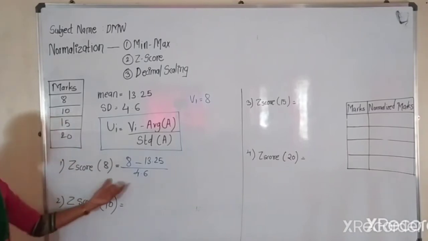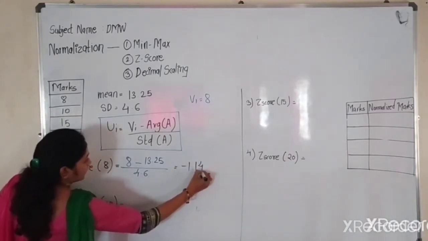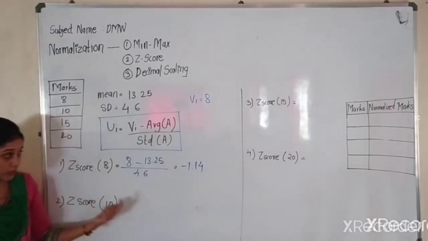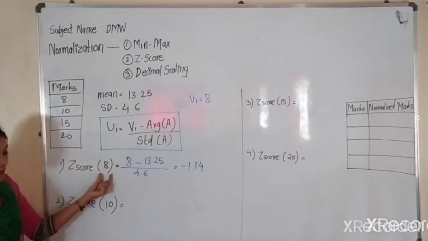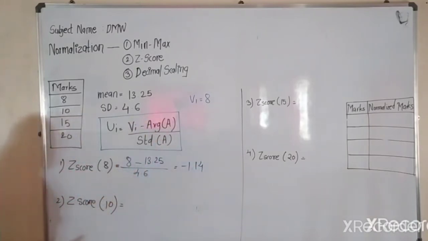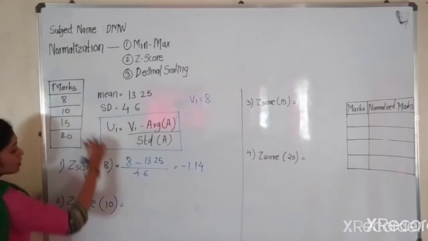After calculating this whole thing, it will become minus 1.14. So what is the normalization for the value or marks 8? That is minus 1.14 for this Z-score normalization.